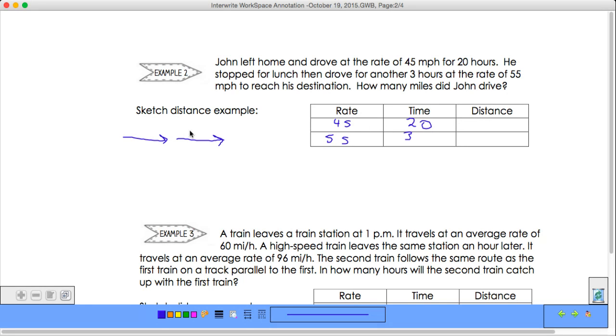So his distance before lunch is going to be his rate times this time, and his distance after lunch is going to be his rate times this time. And I want the total. So I'm going to go rate times time equals distance. Here I can just take 45 times 20 plus 55 times 3.